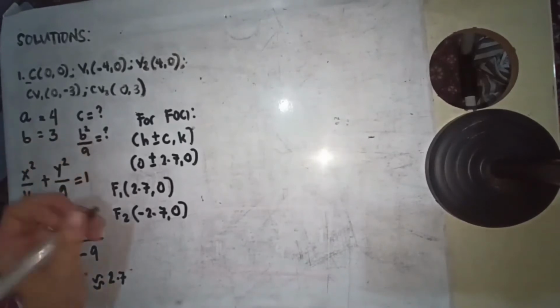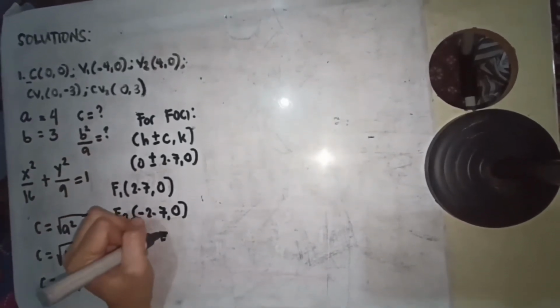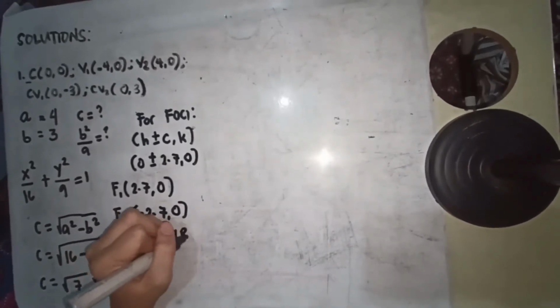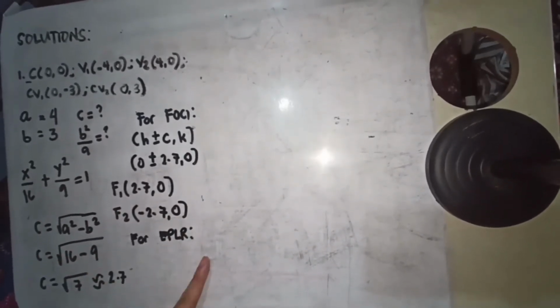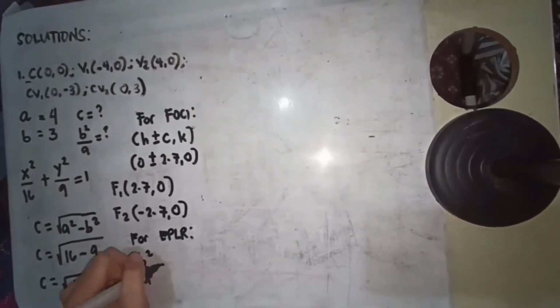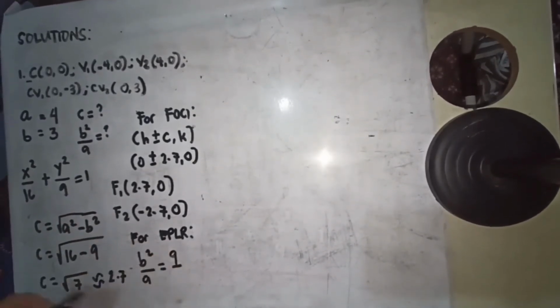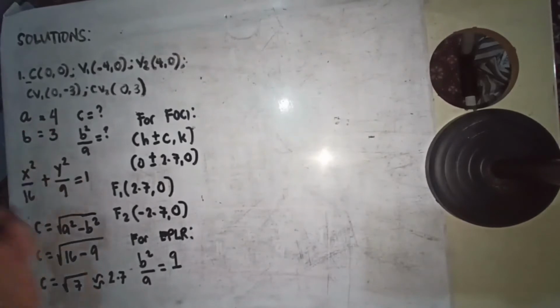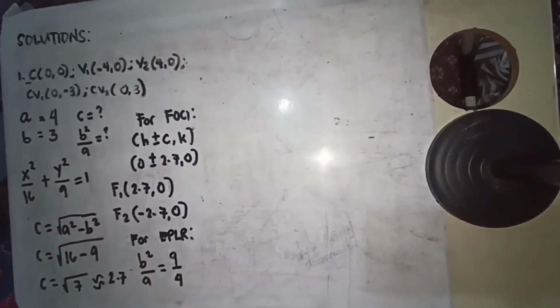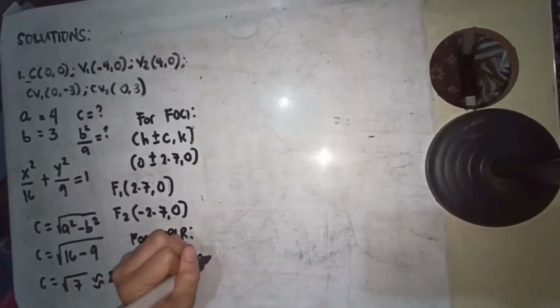So, we have for EPLR, that is endpoints of latera recta, we have b squared over a. This is equals to our b squared, which is 9, divided by our a, which is 4. So we'll have 9 over 4, 2.25.